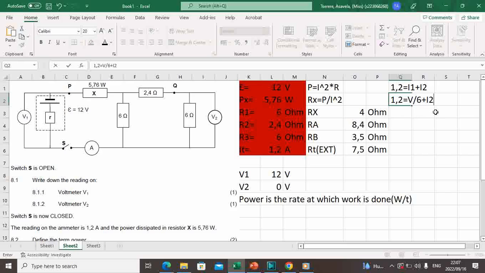So we can also expand I2. 1.2 is equal to V divided by 6 plus V divided by the sum of these two resistors, which is 8.4.